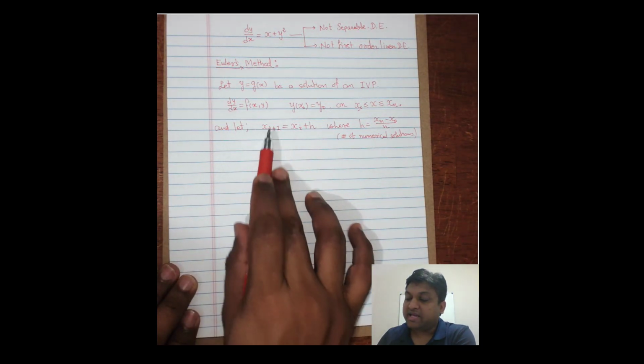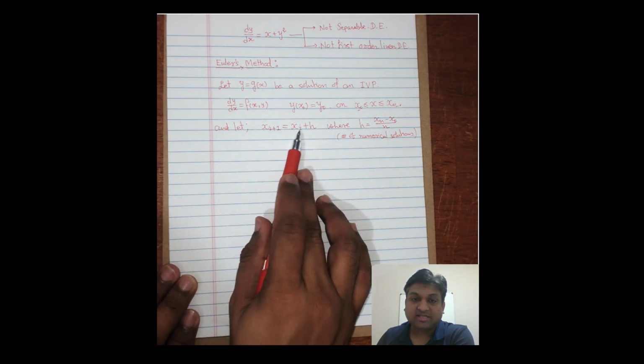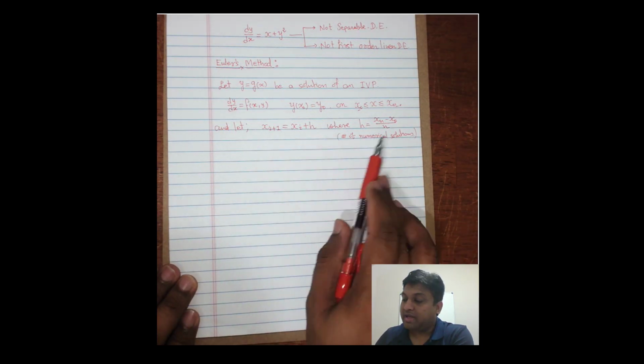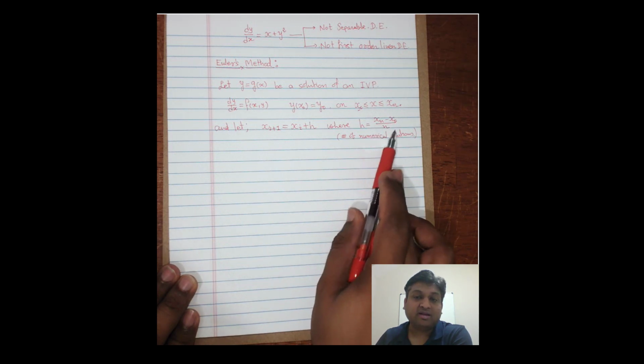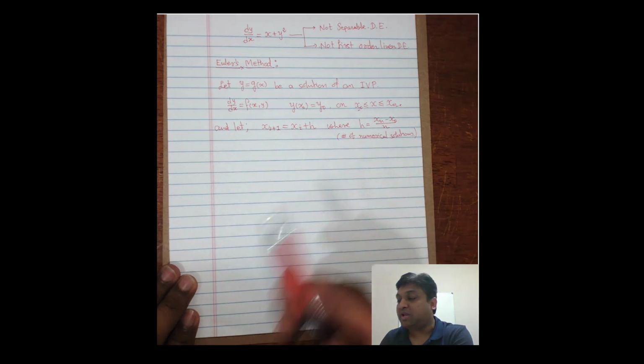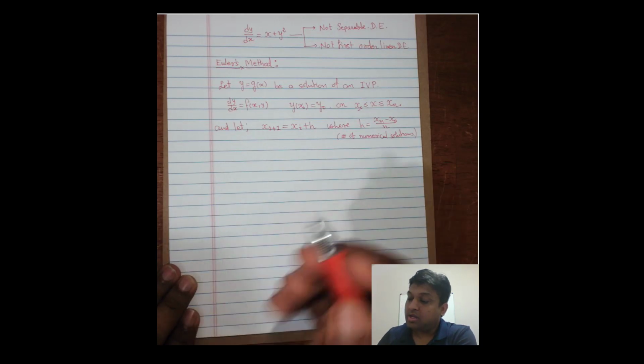So let xi plus 1 be xi plus h, where the h value is xn minus x0 over n, where n is really the total number of numerical solutions that we are attempting to calculate.